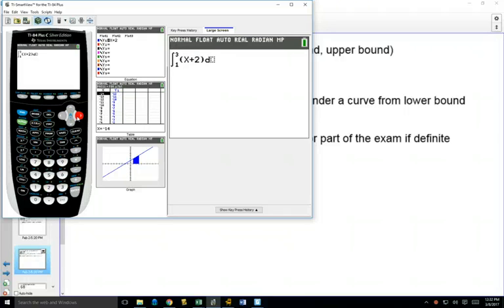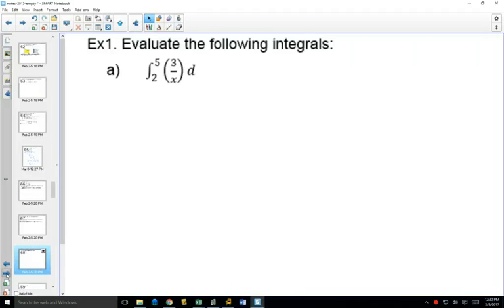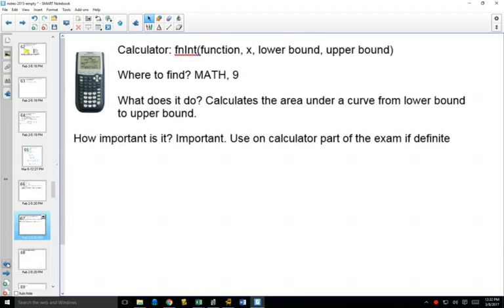You do need to tell it what you're integrating with respect to, and it gives you the answer that way as well. I like the graph because it shades it in and it's kind of fun. But how do you put that on the older calculator? If you have the older calculator, I think I have it in the notes here. You put your function, comma, you have to put x, put your lower bound, and then your upper bound.